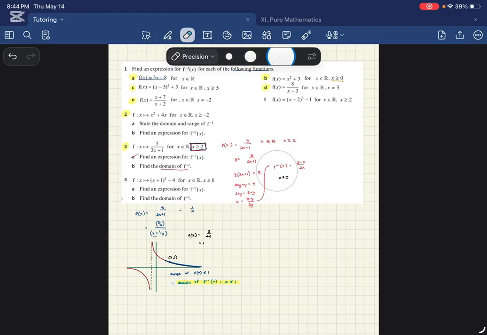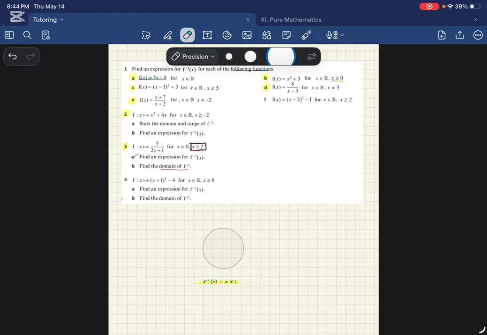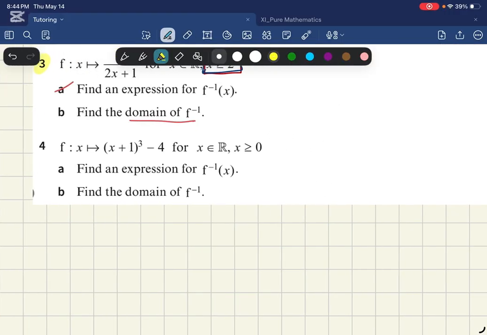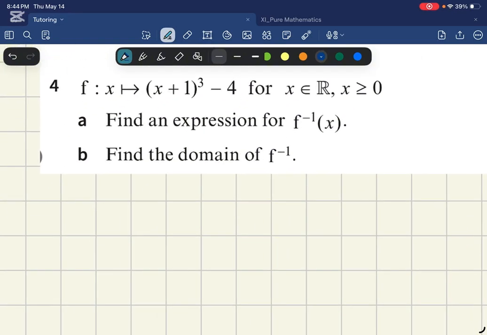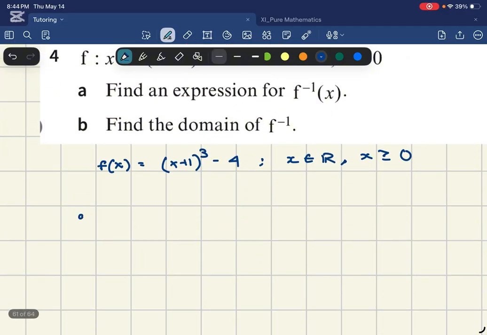Let's look at question 4. So question 4 is that you have f of x is equal to x plus 1 cubed minus 4 for x real numbers, and the domain of x is that x is bigger than or equal to 0. So A asks us to find an expression for the inverse function. All right.